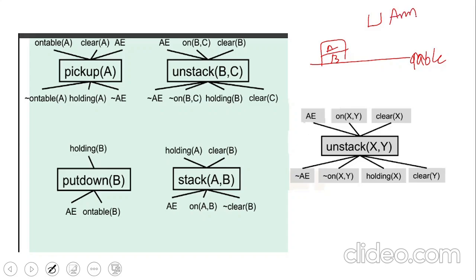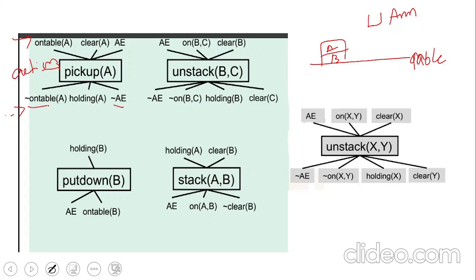Whenever if we want to perform the action pick up A, what are the preconditions required for that action? This is the action, and these are the preconditions, and these are the effects. Okay, we are having some positive effects and some negative effects. Negative effects are represented like this, negation of that one. Okay, so what are the conditions?